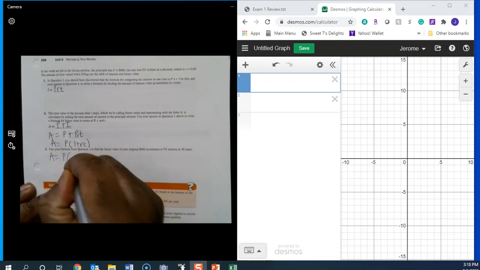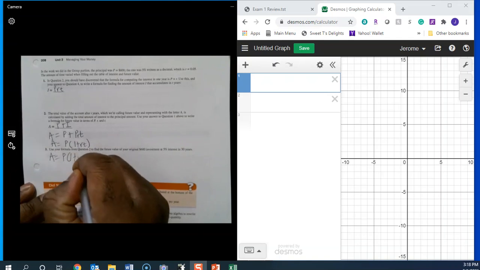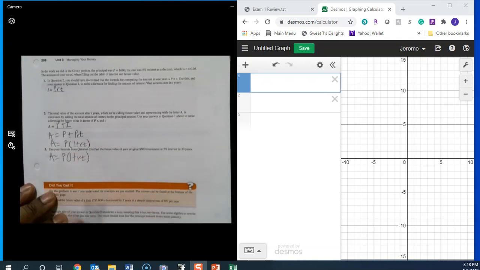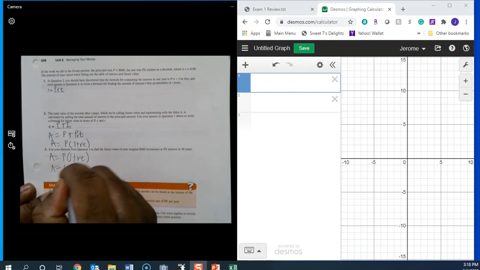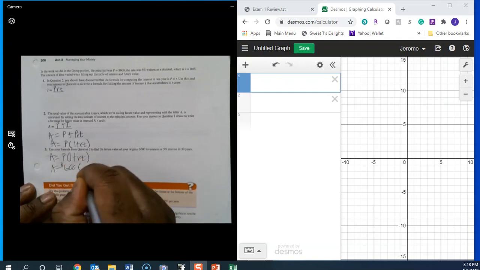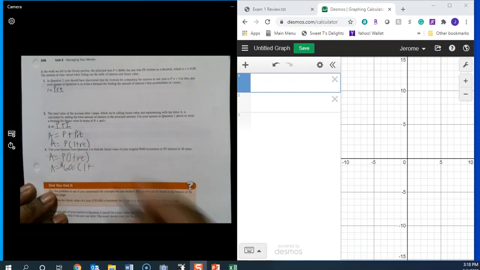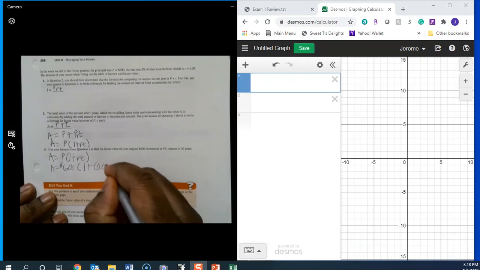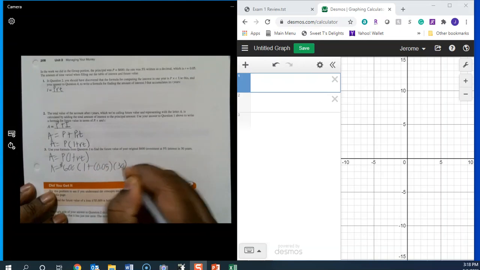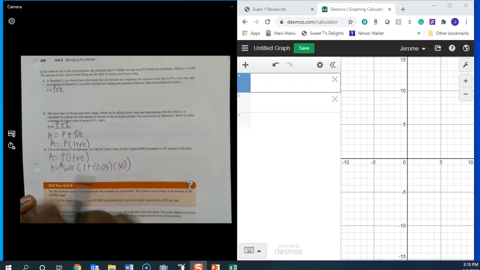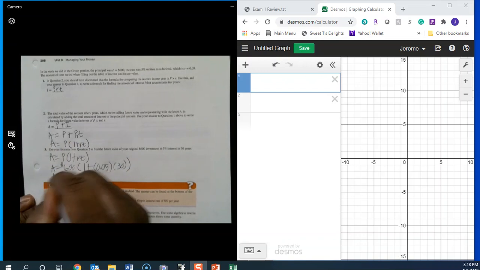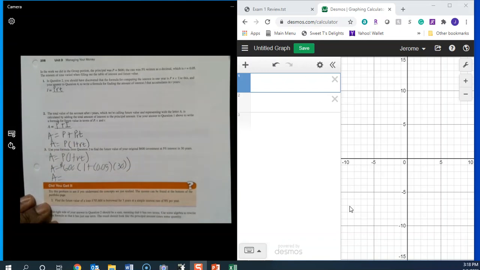So let's start off using this form of the future value. So the principal is $600. So it'll be 1 plus the rate is 0.05 and the time is 30 years. Now, when we put this in our calculator, we have 600. We can do the parenthesis.